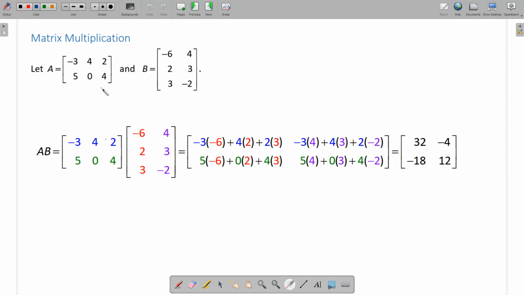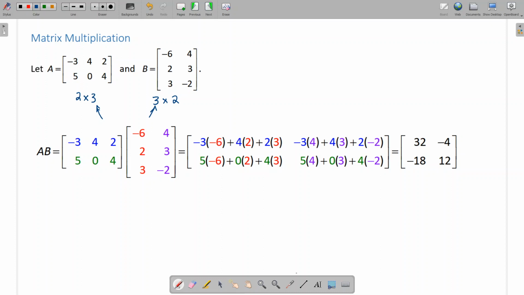You'll notice they don't have the same dimension, but there is an important relationship with their dimension. This one is a 2 by 3, 2 rows and 3 columns, and this one is a 3 by 2. In order to multiply A times B, the number of columns in the first matrix has to equal the number of rows in the second. And you'll see how that works actually down here.